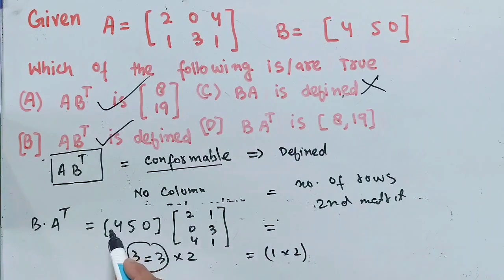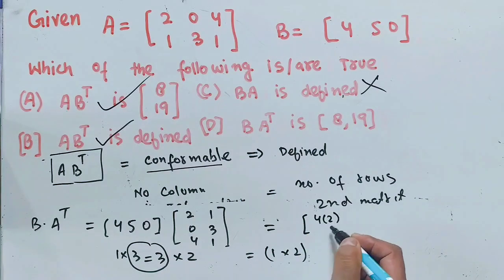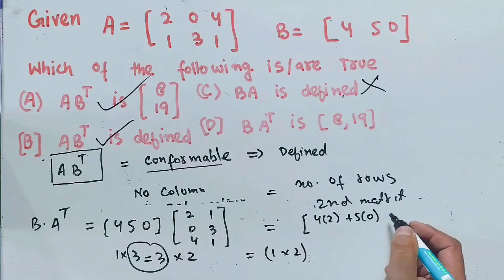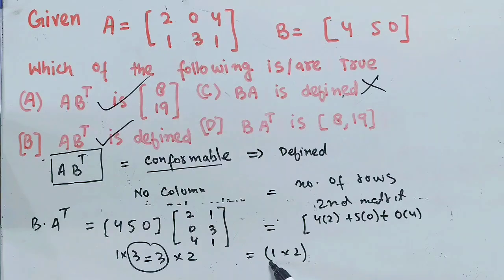So let us do the multiplication. We multiply row by column, so we get 4 into 2 plus 5 into 0 plus 0 into 4. This is one number, and because we have 2 columns, we will have another here.